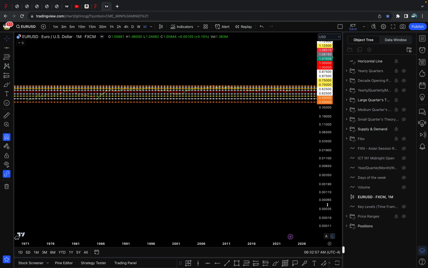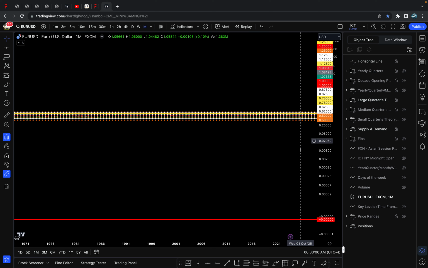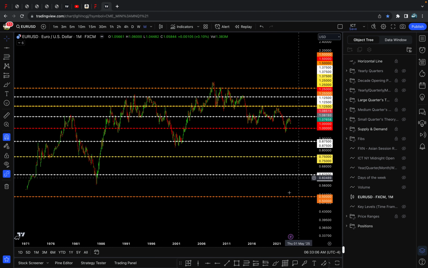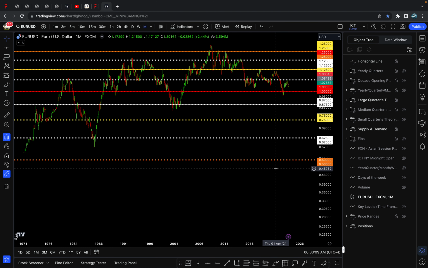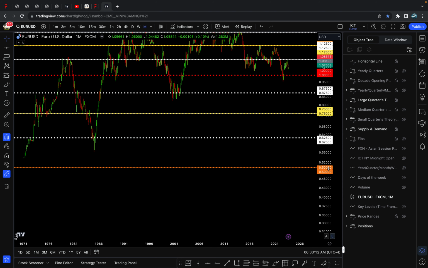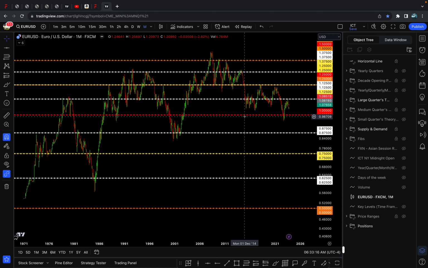So if we look at 0 to 1, 0 down here, and we go all the way up to 1, we know the halfway point is 0.5, right? So let's just start there. Halfway point is 0.5.